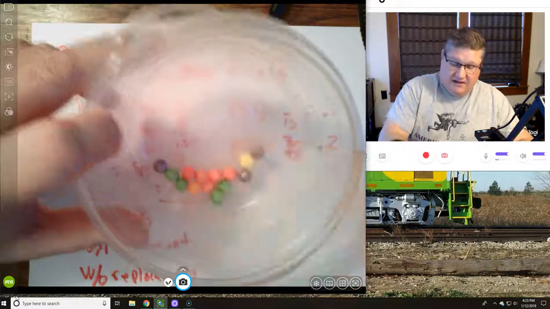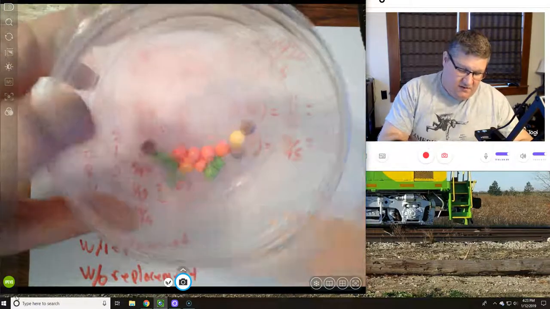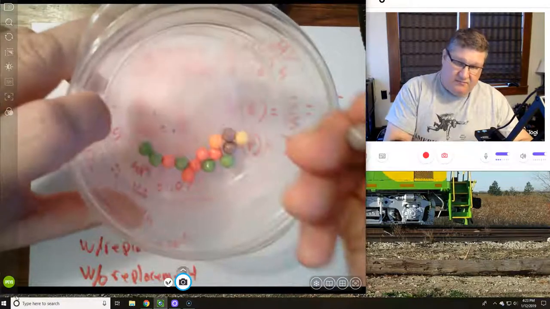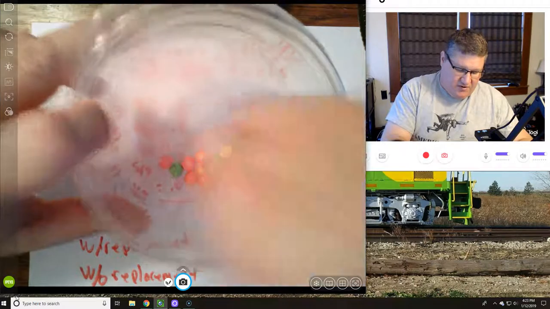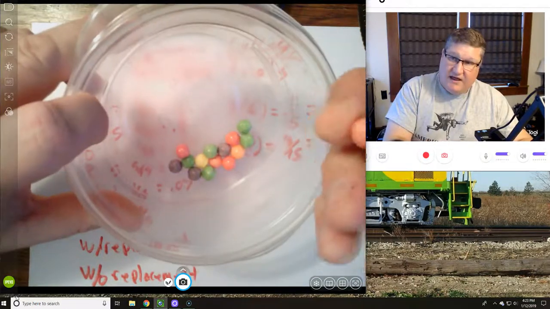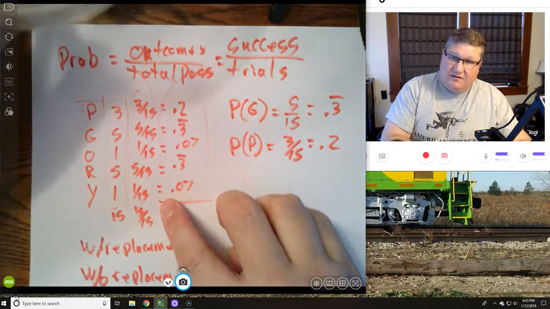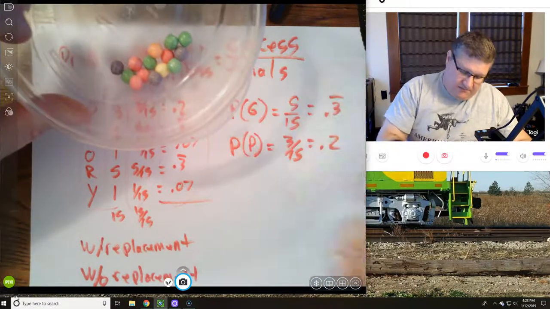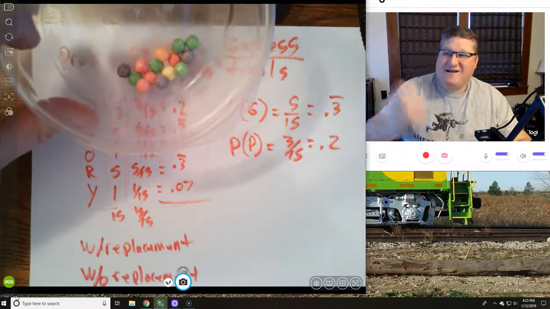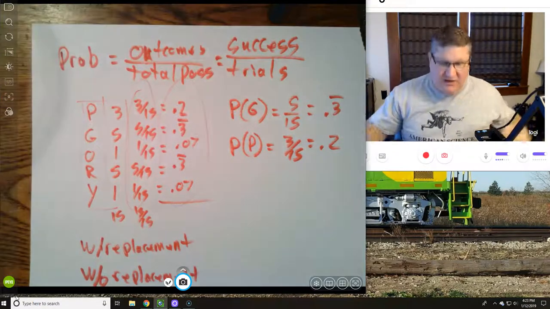I get a green, I put it back, do it again. I get a purple, I put it back, I do it again. I get another purple, I do it again. I get a red. And all of these probabilities stay the same. But as soon as I start taking something out and eating it, it changes.